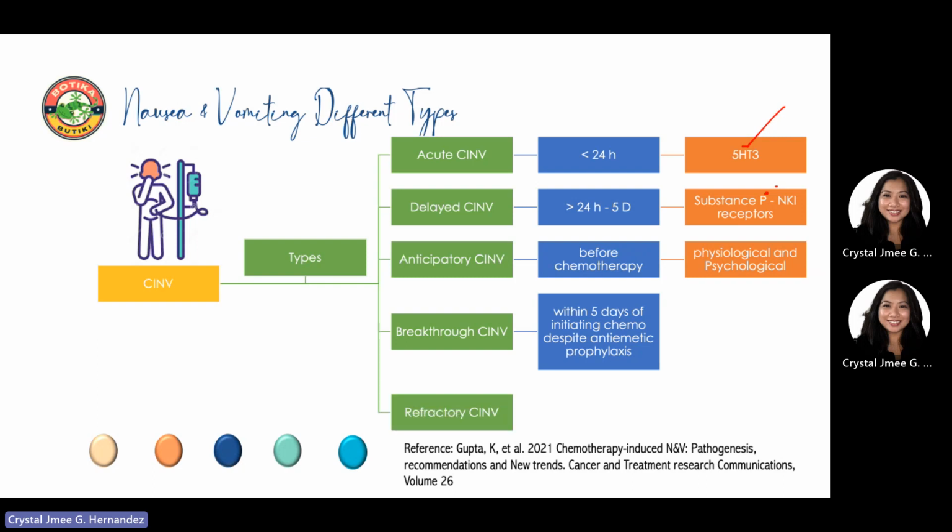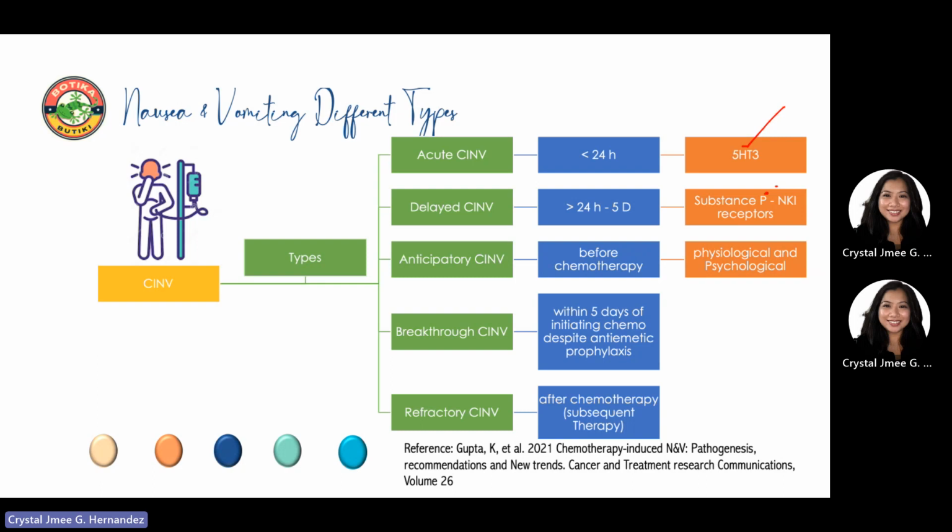And then of course we have the refractory CINV, which occurs after chemotherapy but on the subsequent therapies. So that would be one of the differences from the delayed. Remember, if it's delayed, normally it's after chemotherapy, and even acute, it's after the initial administration of chemotherapy.